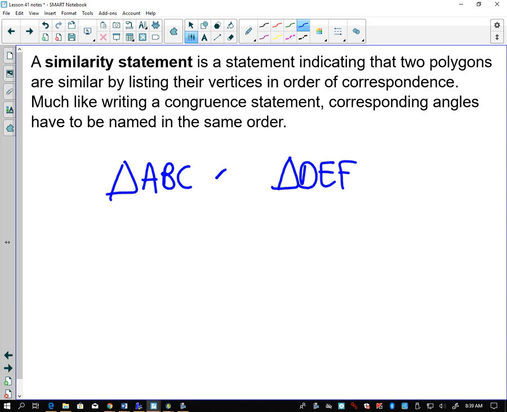Because congruence actually means that they are equal and similar, okay? But not everything that's similar is equal.